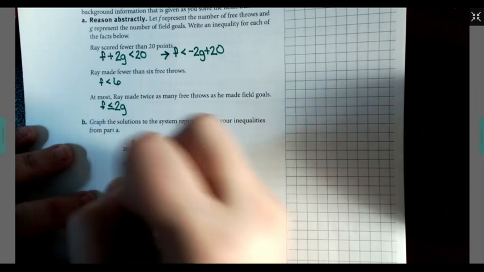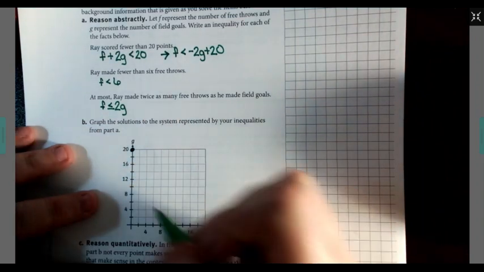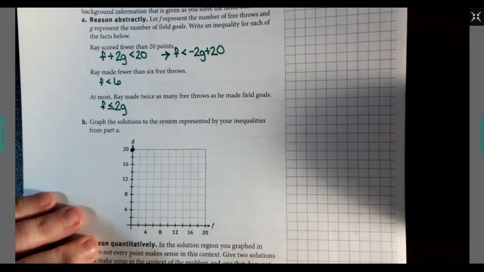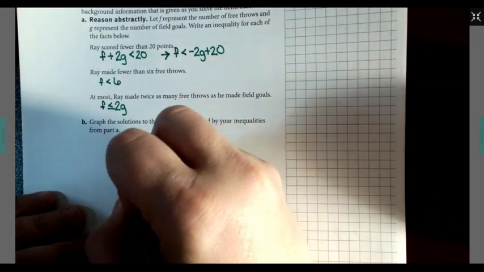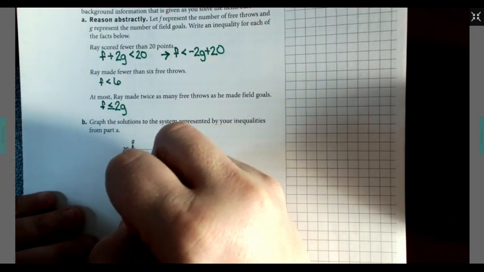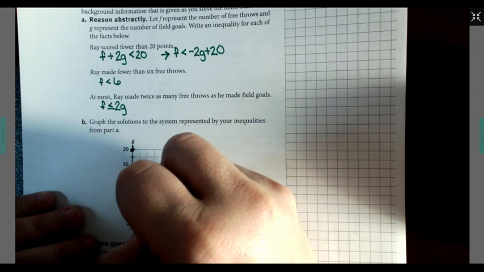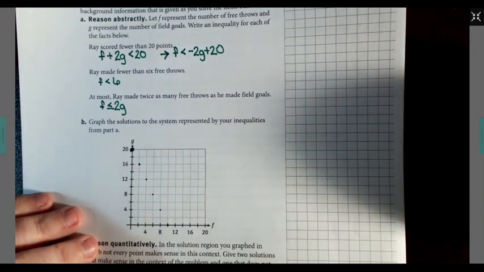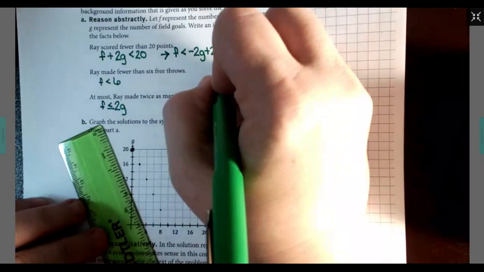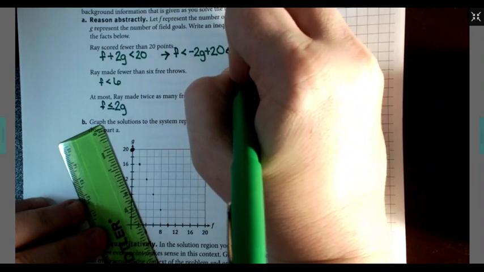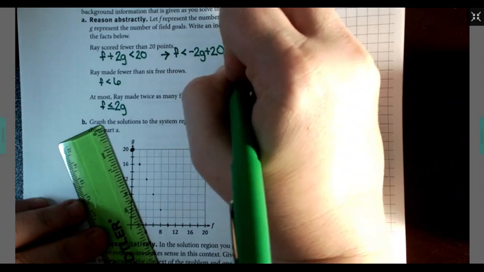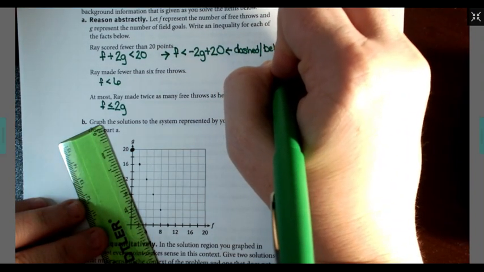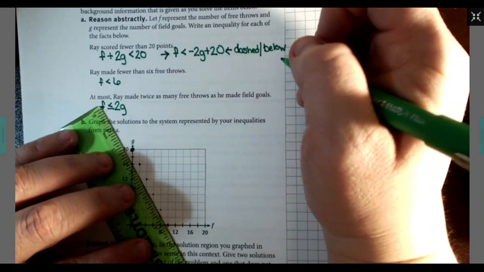We start with 20, and it's down 2 over 1, down 2 over 1. But please pay attention to your scale. These are counting by twos. Okay? And this is going to be dashed. And because it says less than, it's going to be shading below. So dashed below.